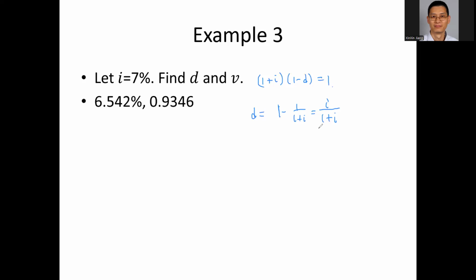Okay. So that equals 0.07 over 1.07, since 1 plus i is 1.07. So that's that. And v is 1 over 1 plus i. That's 1 over 1.07.